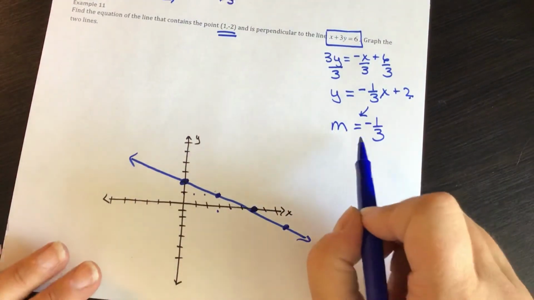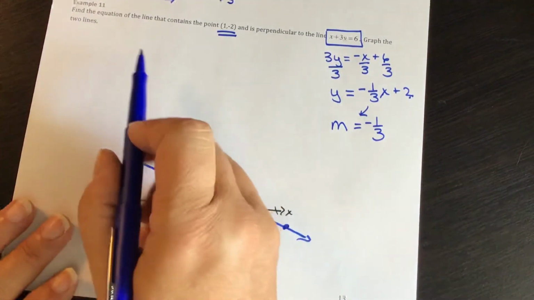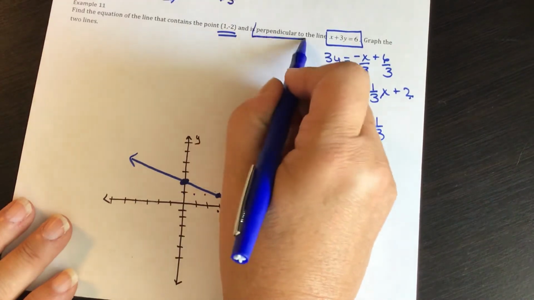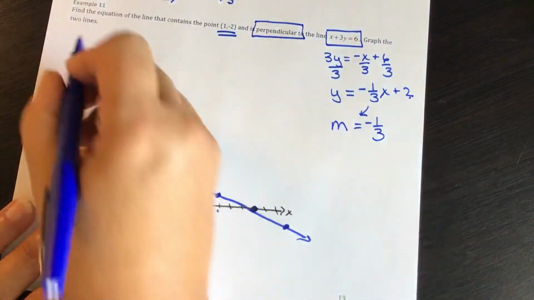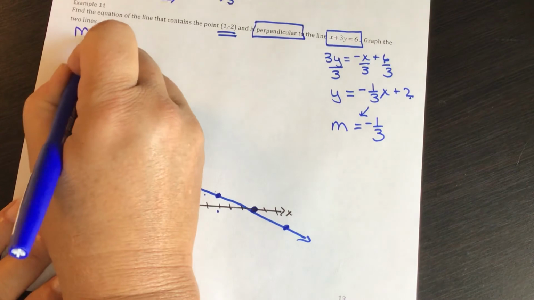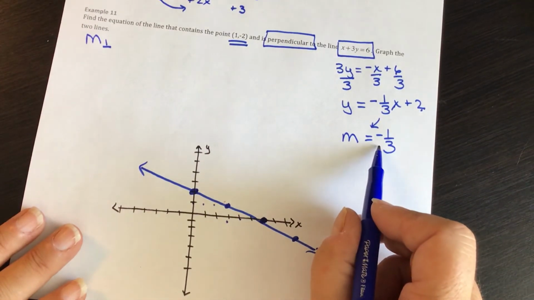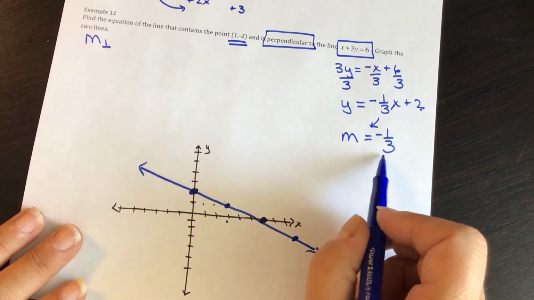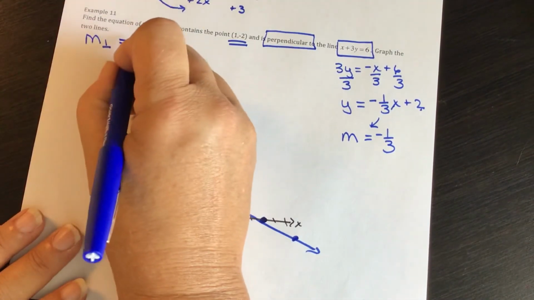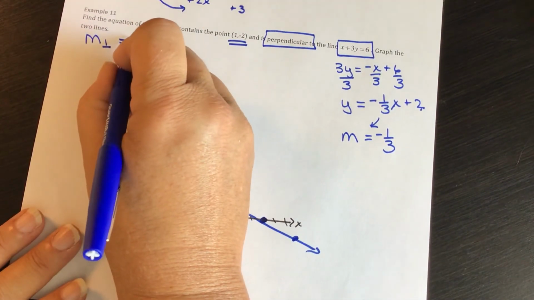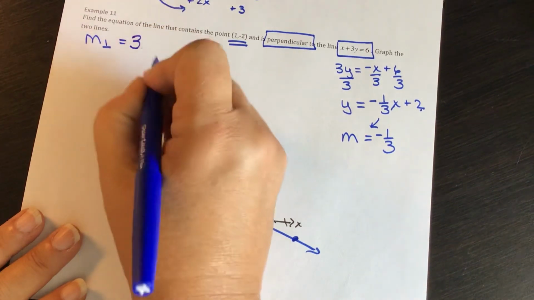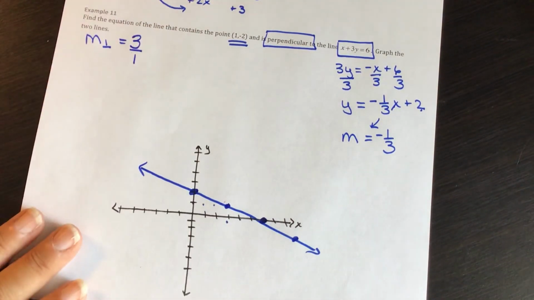Now that's important because I need to find the line that's perpendicular to this. So my perpendicular slope is going to be the opposite, which would be positive, and the reciprocal, which would be 3. So my new slope for my new line is 3, or 3 over 1.